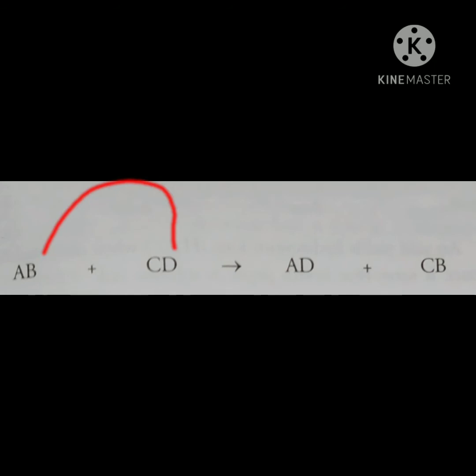That means B and D have been exchanged. So the product becomes AD plus CB. So see here, B and D have been exchanged. In place of B, D will come, and in place of D, B will come. So here two compounds or two elements are being exchanged. So it is called a double displacement reaction.